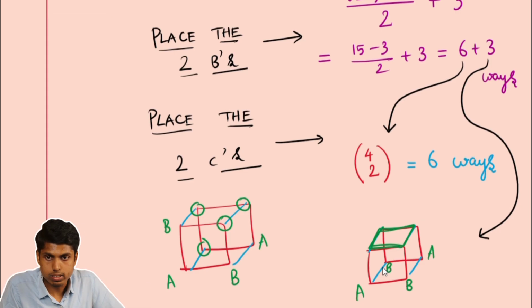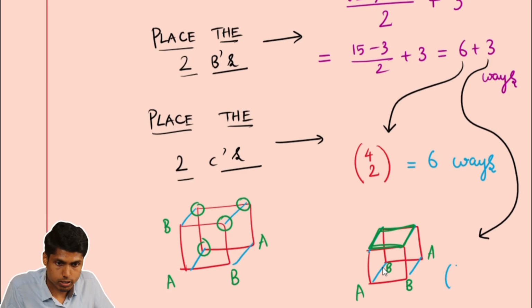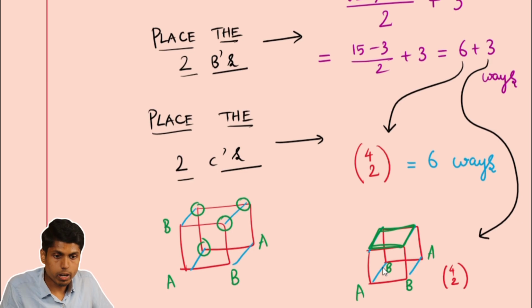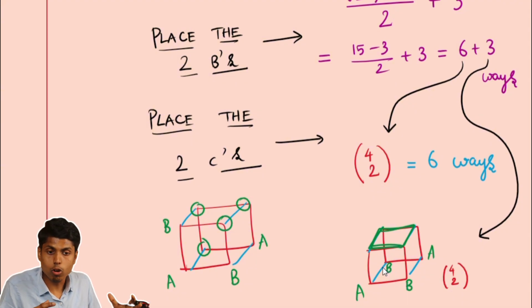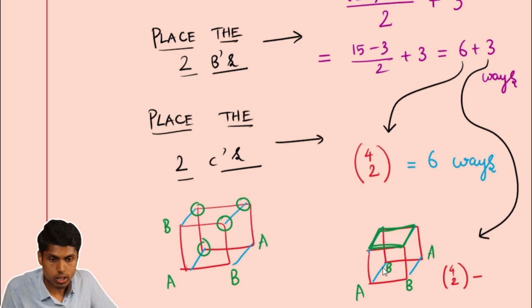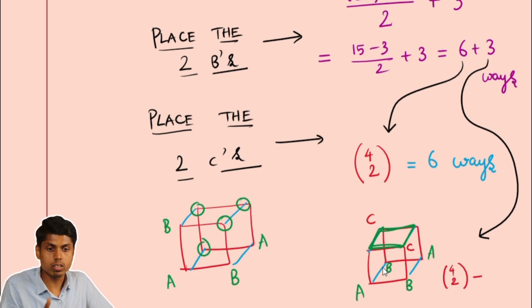So concentrating on the top face of the cube, you can place the 2 C's in 4 choose 2 ways. Again, it is 4 choose 2. But out of these, since you can perform that rotation R, you will get some 2 configurations the same by performing it. So you have to subtract the configurations that yield the same after performing R. You can do that in 2 ways, because placing C and C in the other 2 diagonally opposite corners of a face will yield the same configuration of C's, and hence there will be no change.